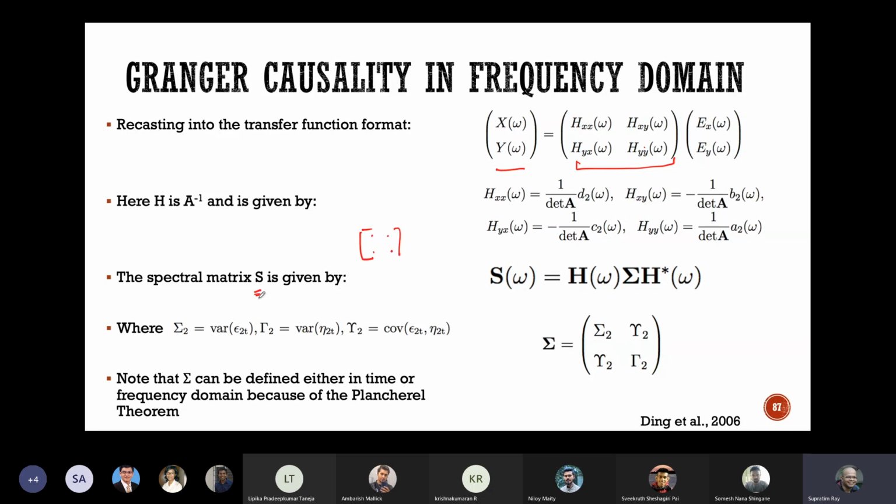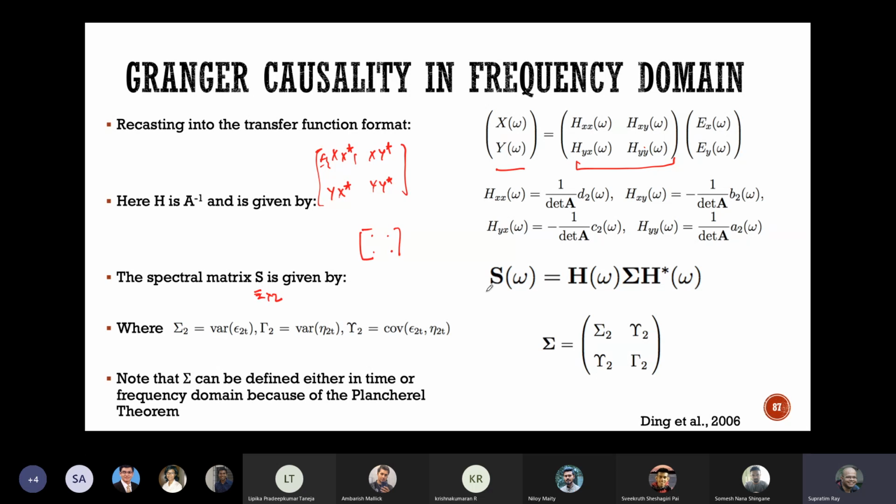So this is a 2 cross 2 matrix, which is X conjugate here, Y conjugate here, and XY conjugate here, and YX conjugate here. The expected value of these. Okay, so how do I get that? How do I get the spectral matrix?